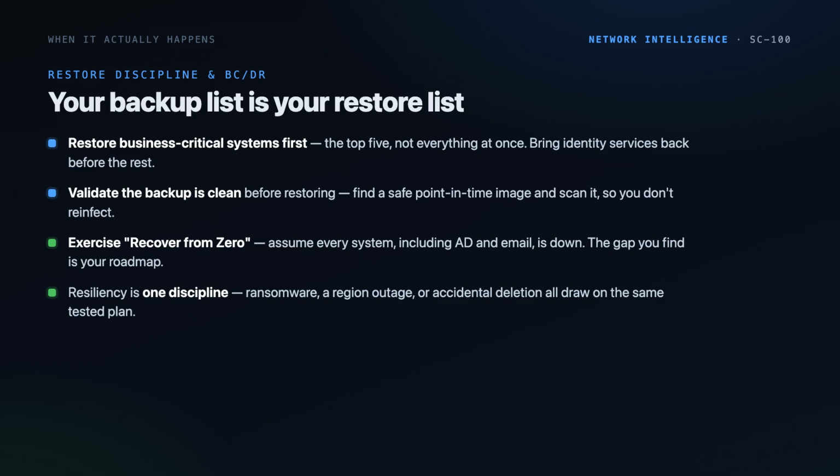And test all of this ahead of time with a recover from zero exercise, assuming every system, including Active Directory and email, is down. Whatever gap that exercise exposes is your resilience roadmap, and the same tested plan serves a region outage or an accidental deletion just as well as ransomware.